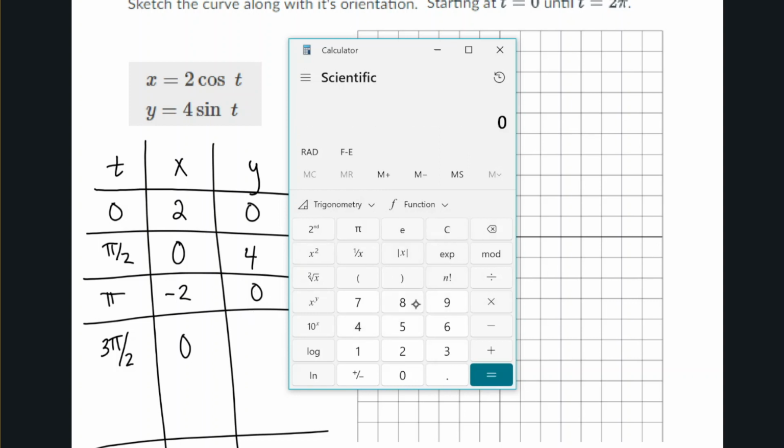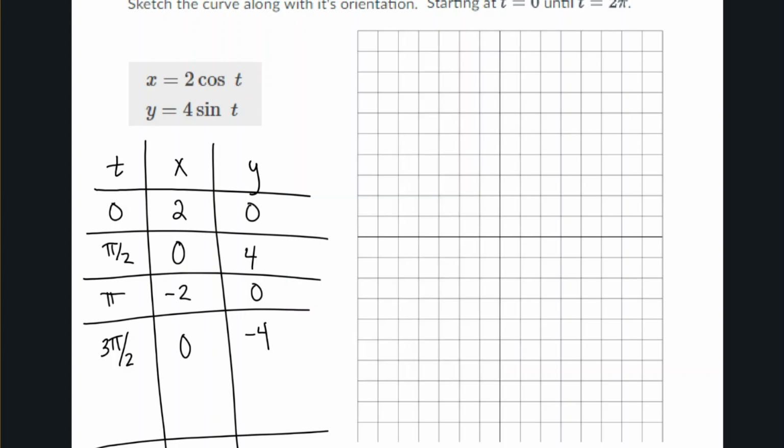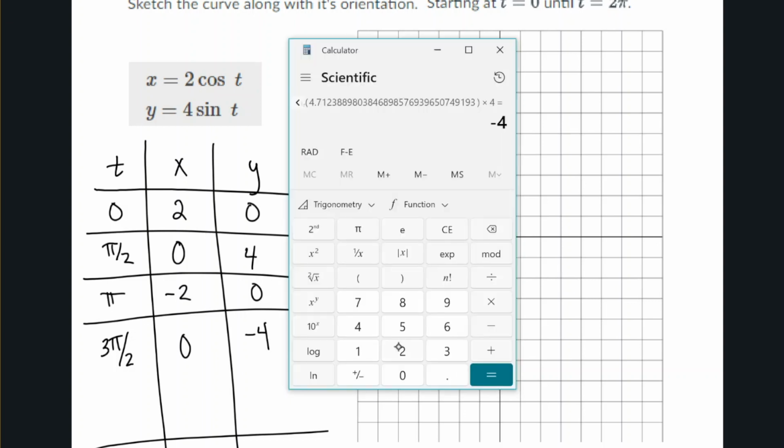Messed that one up. Get negative 4. And the final point, at least at first, to see if we've got enough that is visible.